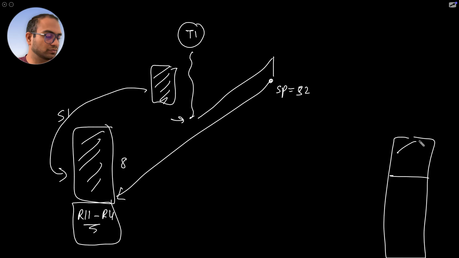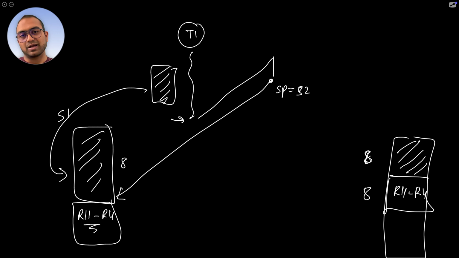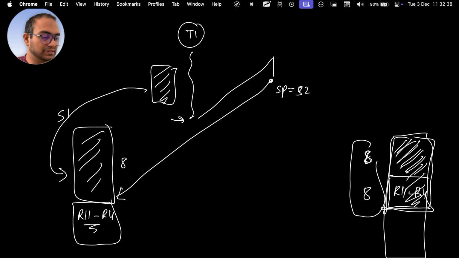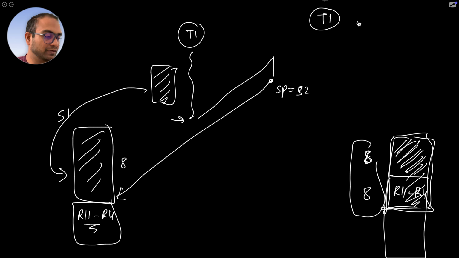And on S2, we have 8 plus 8, this R11 to R4. Those registers we have already saved there, in the sense that we have either manually configured this region to become the right CPU context, or it was saved when we were doing T1, T2, T3, back to T1, and then back to T2.